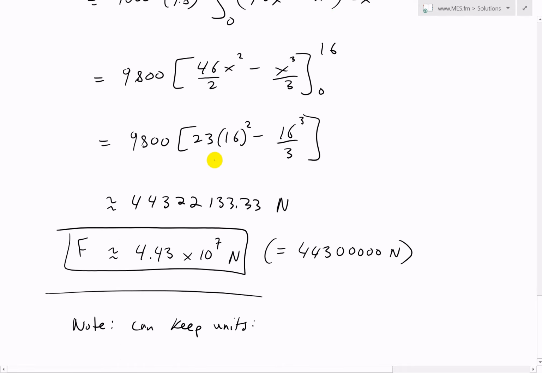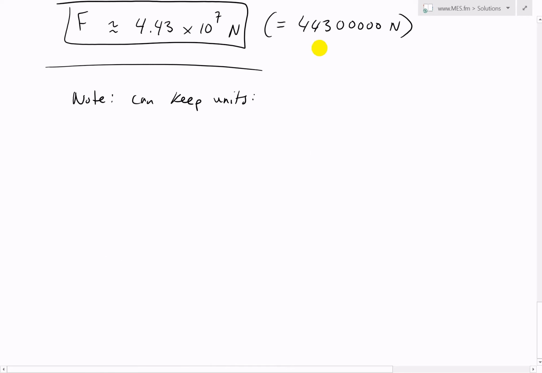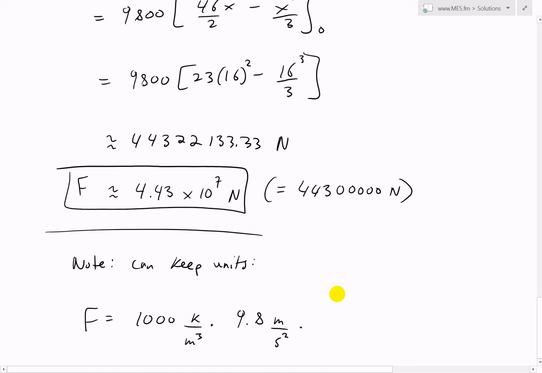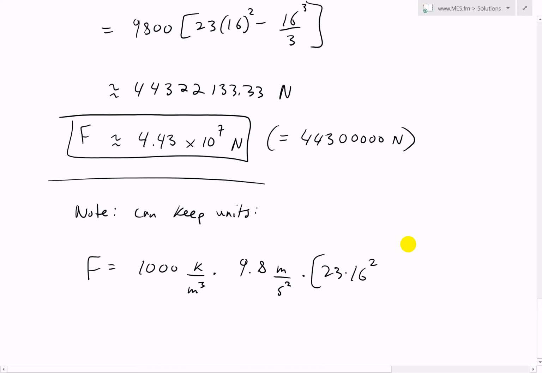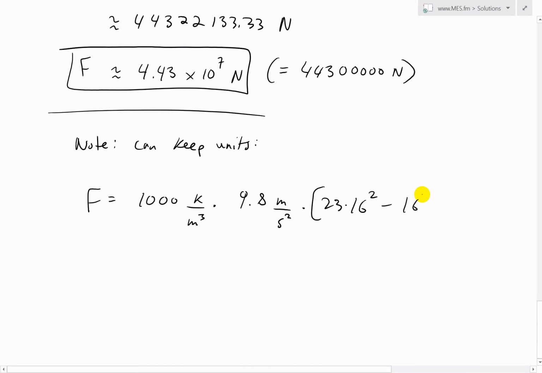We could write F is equal to 1000, which is rho, the density in kilograms per meter cubed, multiplied by the acceleration of gravity, 9.8 meters per second squared, multiplied by this, where this is the subtraction. Actually, this is 23 times 16 squared minus 16 cubed over 3.